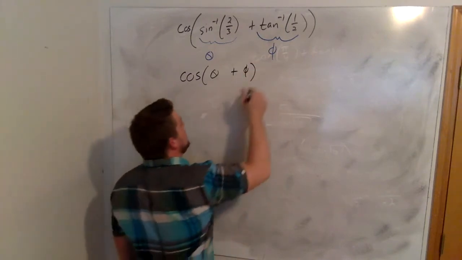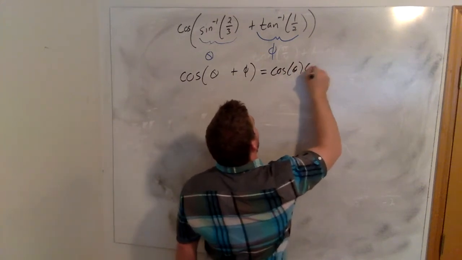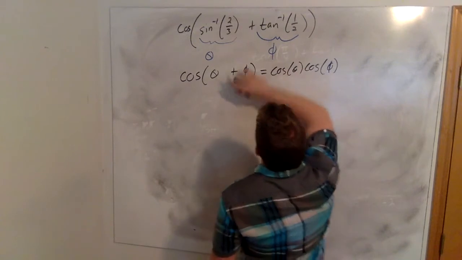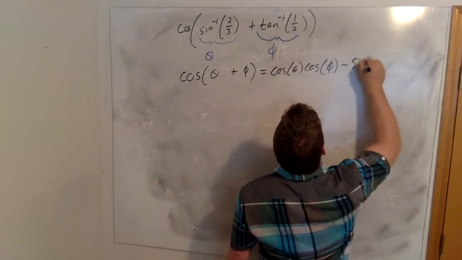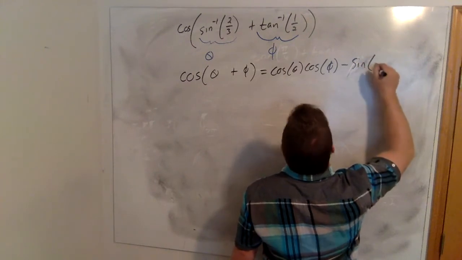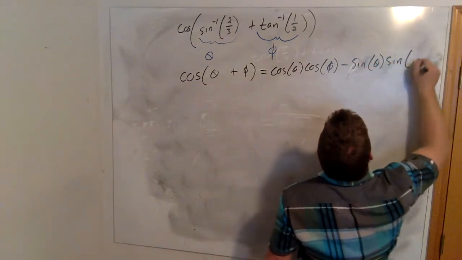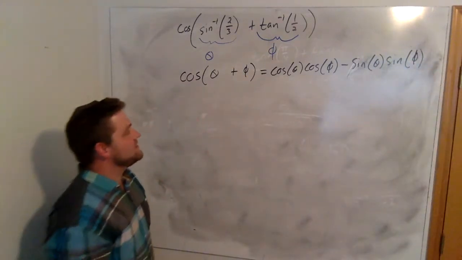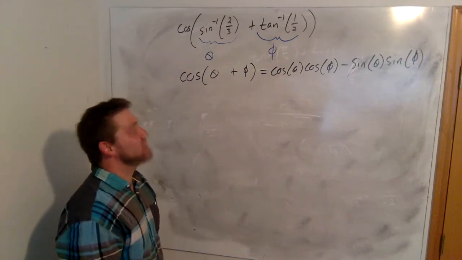So if we're using the addition formula, this would be cosine of theta, cosine of phi, and then cosine doesn't like to follow the rules. Sine, poor sine. Cosine's always putting on the back burner. Sine of theta, sine of phi. So we need to figure out what cosine of theta and sine of theta are, and also what cosine of phi and sine of phi are.